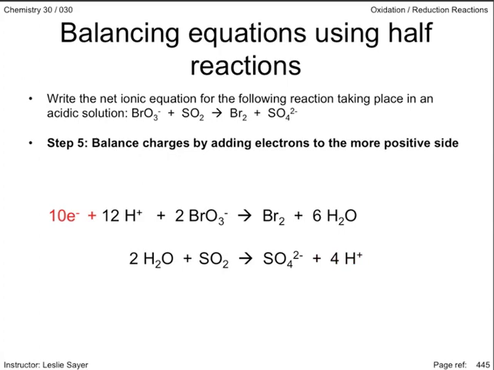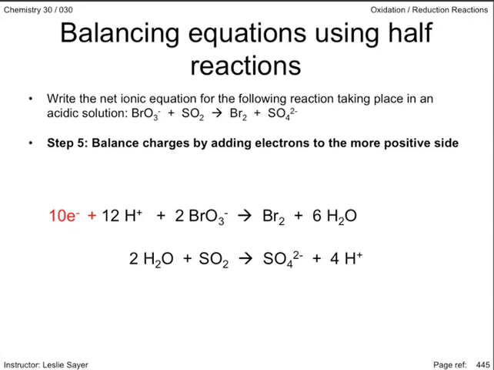Step 5. Balance charges by adding electrons to the more positive side. To ensure that the number of electrons lost in the oxidation reaction equals the number of electrons gained in the reduction reaction, we make sure that the total charge on both sides of the equation is the same by adding electrons. The reactant side of the upper equation shows a net charge of a positive 10.